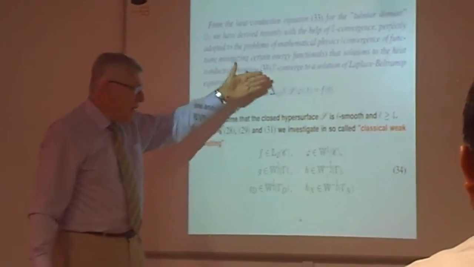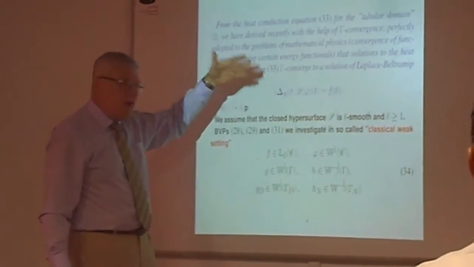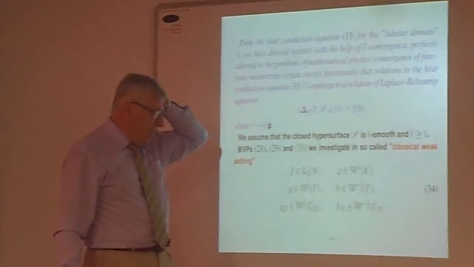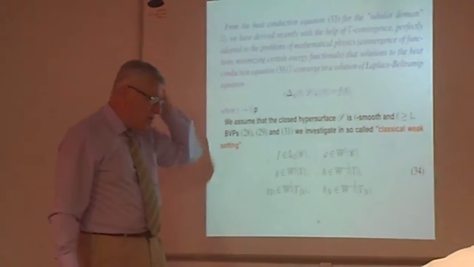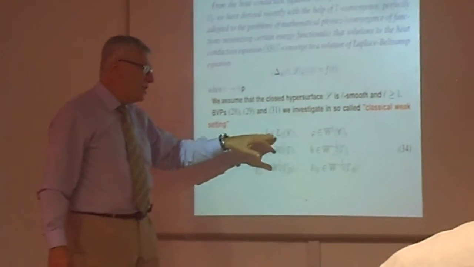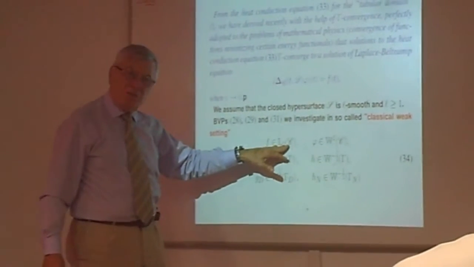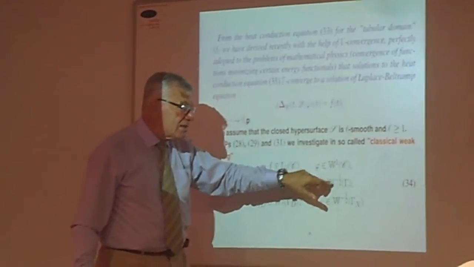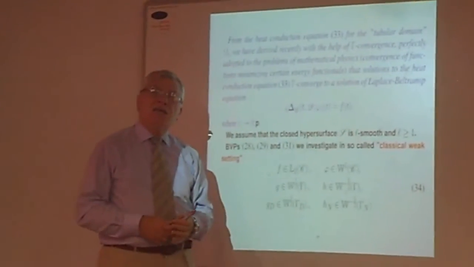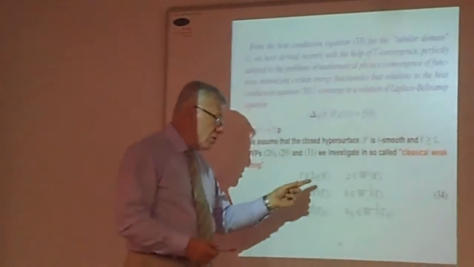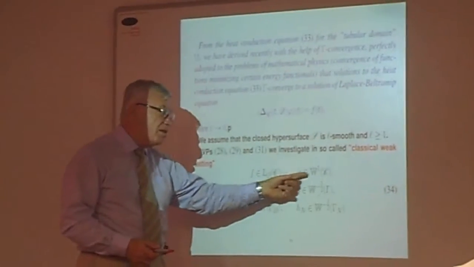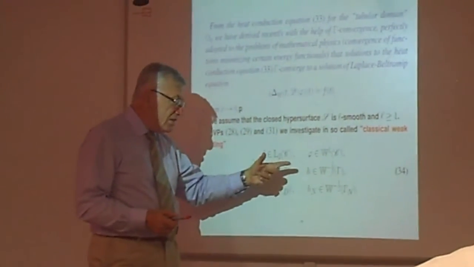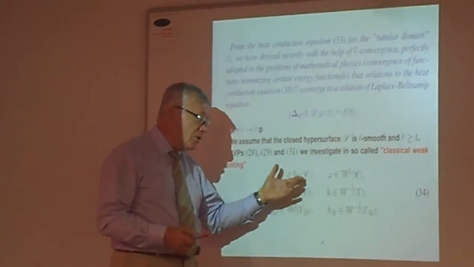Now we can investigate this equation with Dirichlet, Neumann, and mixed boundary conditions. Here are the conditions. This L2 space, you know, is the square integrable functions on the surface. This is W1, the Sobolev space, where not only the function is square integrable, but all its partial derivatives. The function itself and all partial derivatives belong to L2.